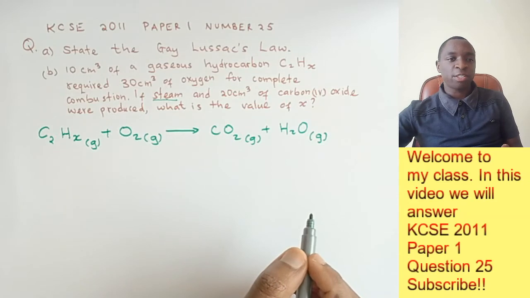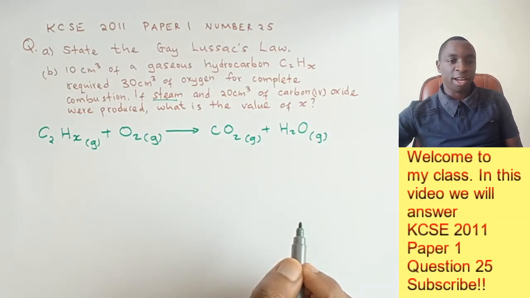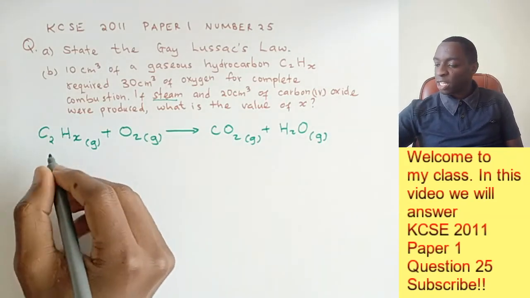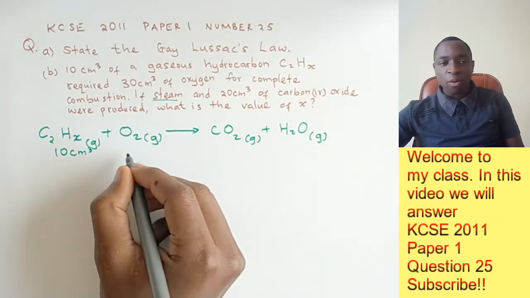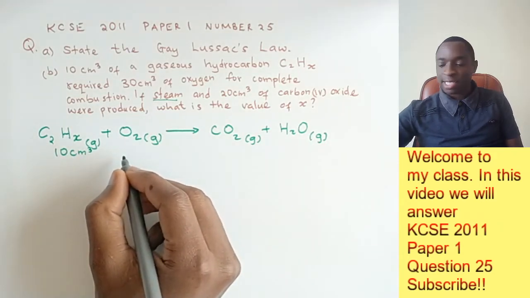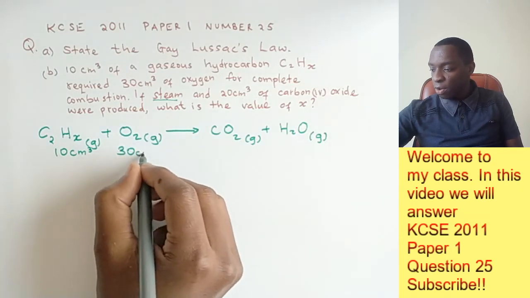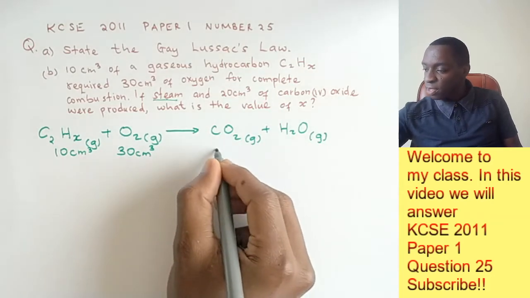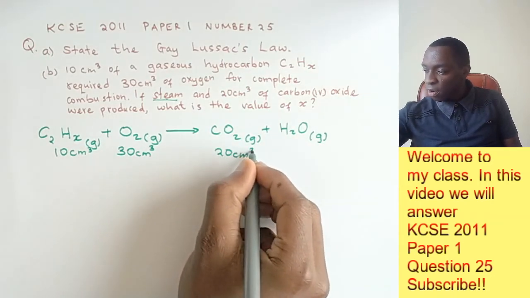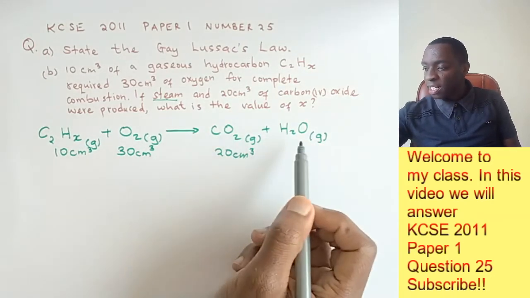The next thing now is to plug in the volume ratios that you have. So we've been told that 10 cubic centimeters of this gaseous hydrocarbon completely reacted with 30 cubic centimeters of oxygen gas to provide us with 20 cubic centimeters of carbon dioxide and steam.